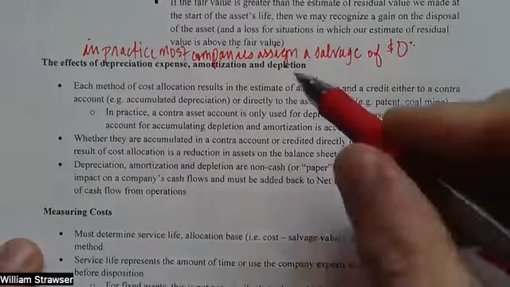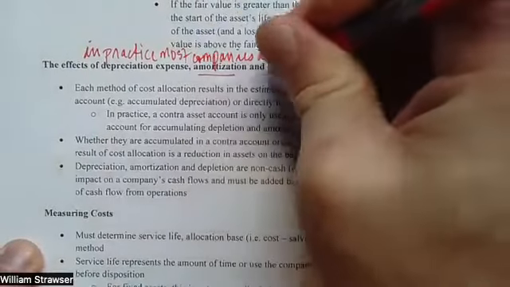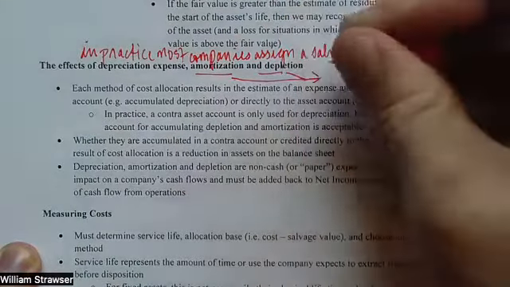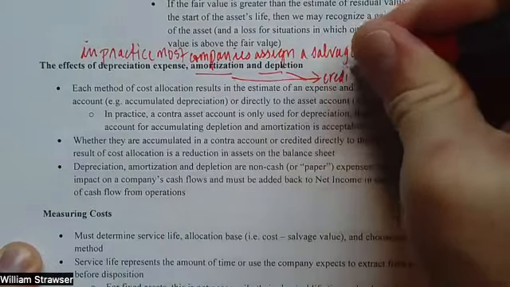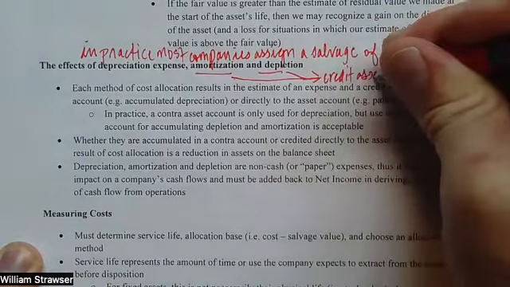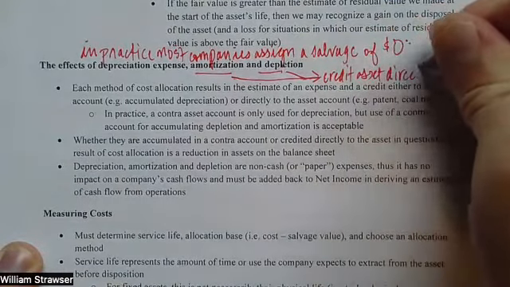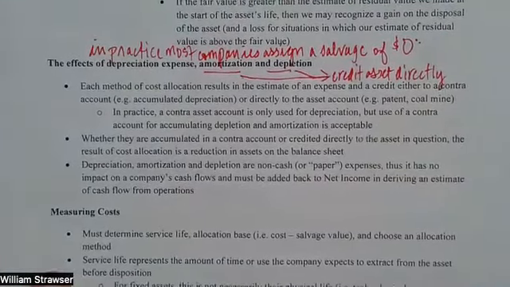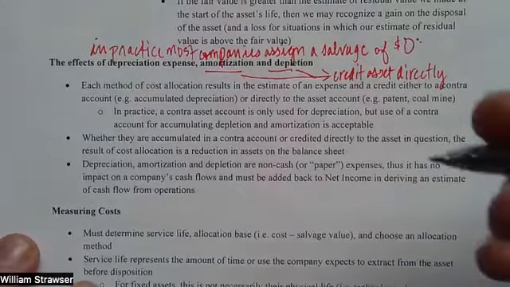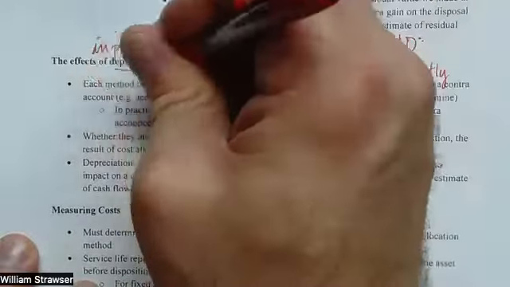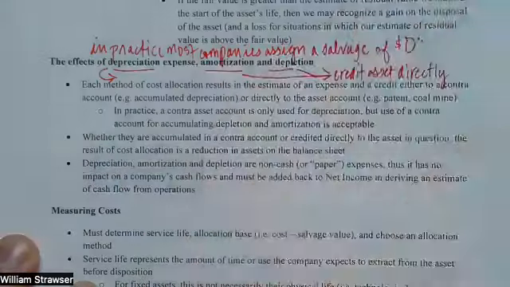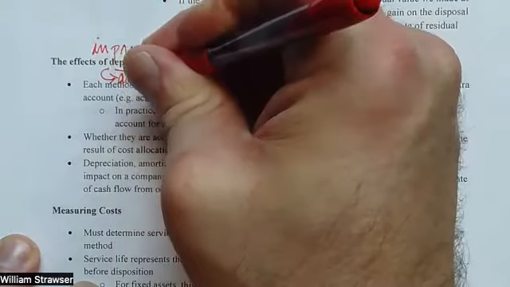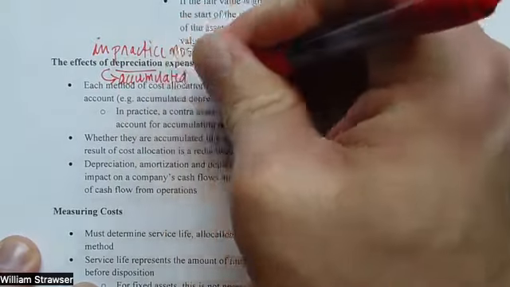The two of them, amortization and depletion, don't tend to credit a contra account, they credit the asset directly. They don't, for example, credit accumulated amortization or accumulated depletion. Depreciation does have a very commonly known contra account that we put these in, accumulated depreciation.